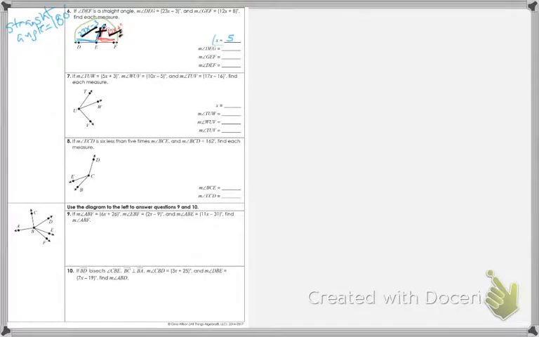We're done solving for x, so the rest is substitution. Into this angle DEG, into angle GEF, and into angle DEF. Each one of them has an expression.